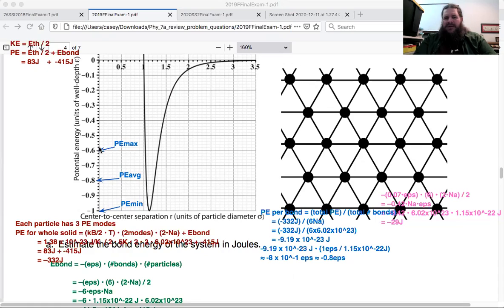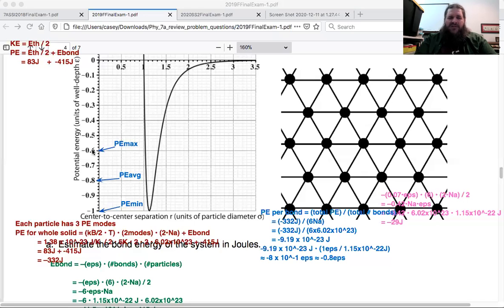And if we want to compare kinetic and potential energy, we expect the maximum potential energy when the kinetic energy is what? At its lowest. At its lowest, which for kinetic energy is going to be 0 because you can't have negative kinetic energy. So if the potential energy is negative 0.6, then kinetic energy should be 0.